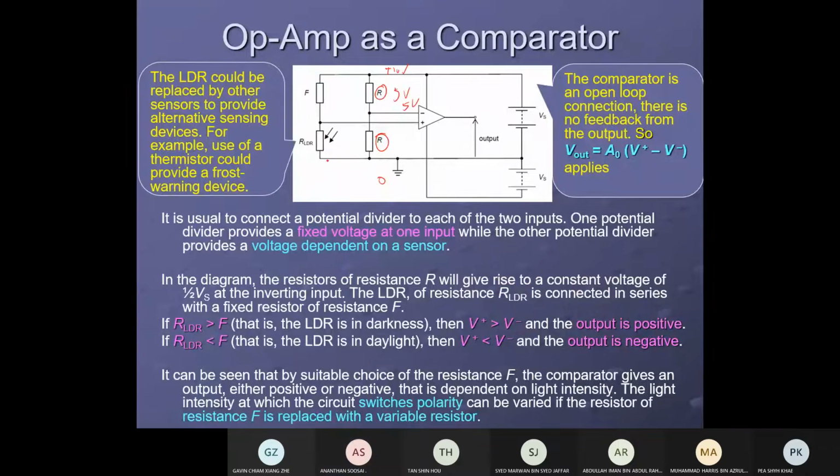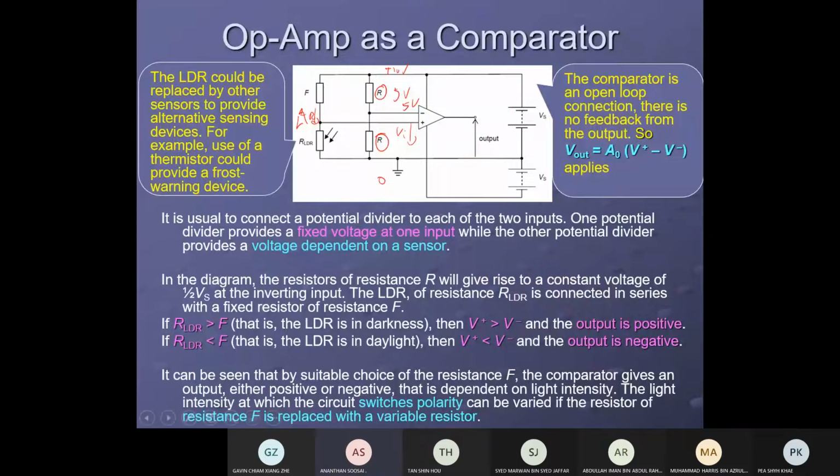The second one has the LDR, which controls the input at positive. When the light intensity is high, the resistance of the LDR drops, so the V positive input will drop. So V positive is less than V negative, and the output will be negative, so it works.